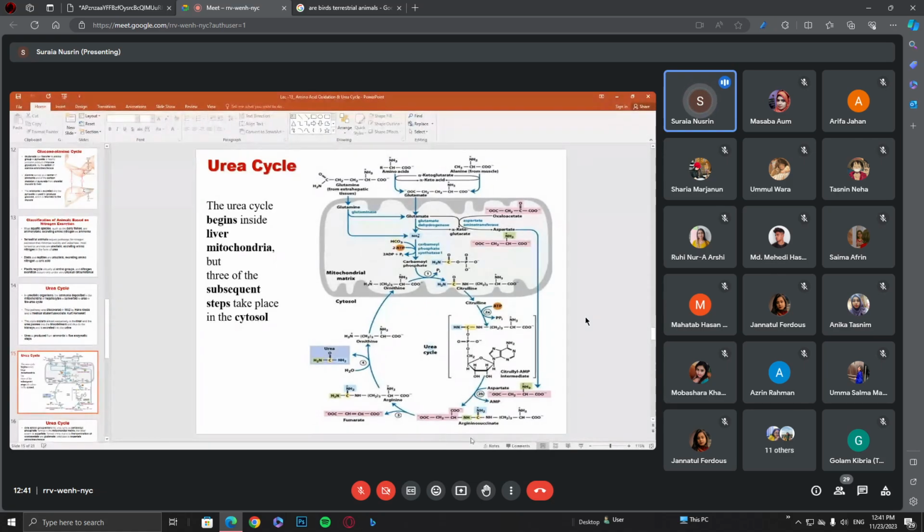In the next reaction, the arginosuccinate is cleaved into two. One is fumarate, the 4-carbon compound, which mainly comes from the aspartate part, the pink part. Those 4 carbons are released as fumarate, and the remaining part is arginine. If you remember, arginine is an amino acid.